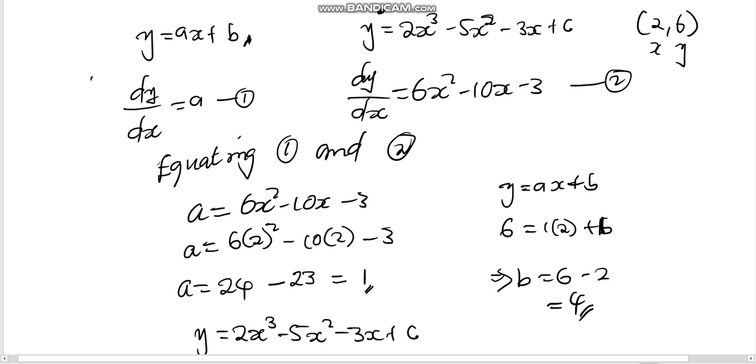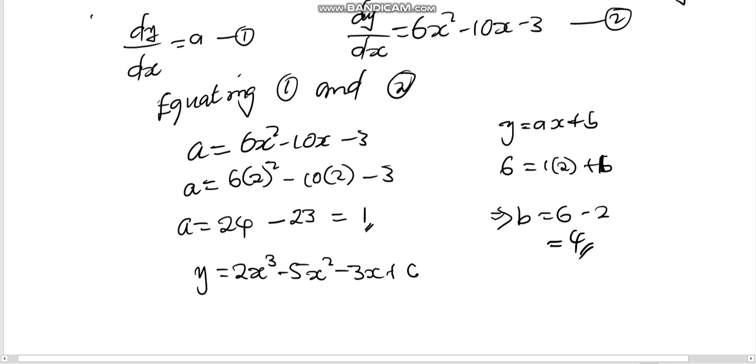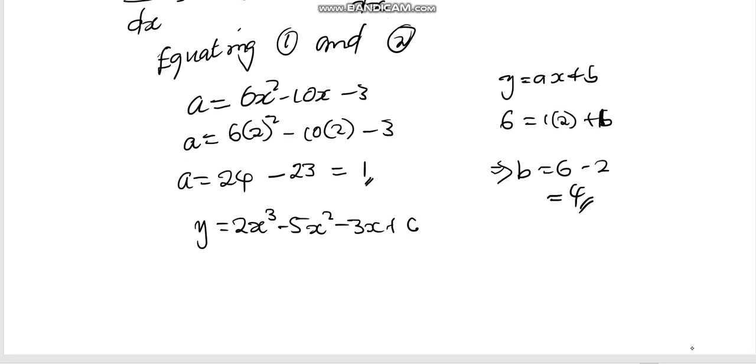The point of contact is (2, 6), so we substitute: where there's y we put 6, and where there's x we put 2. So 6 is equal to 2 open brackets 2 to the power 3 minus 5 times 2 to the power 2 minus 3 times 2, plus c.